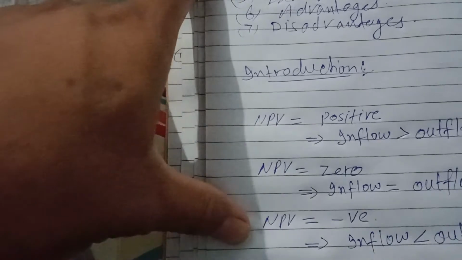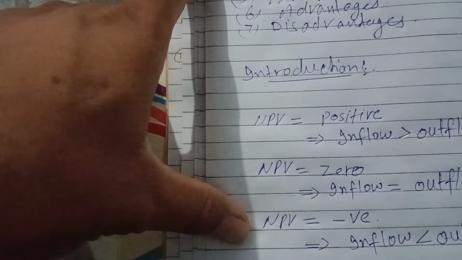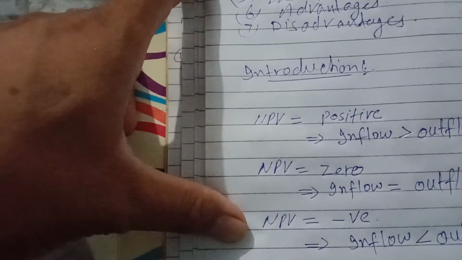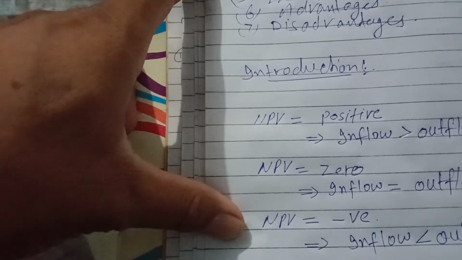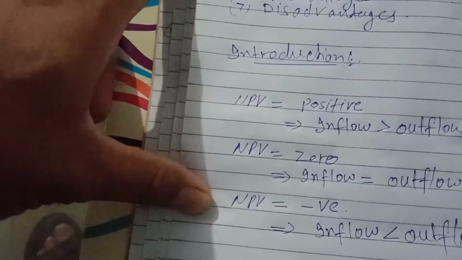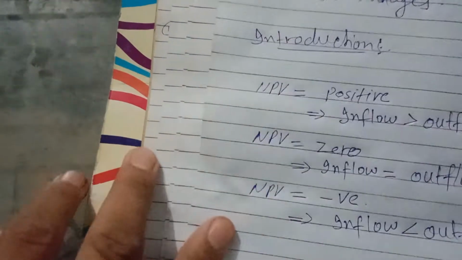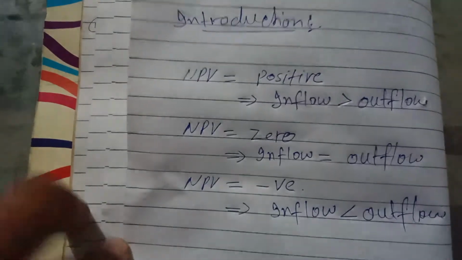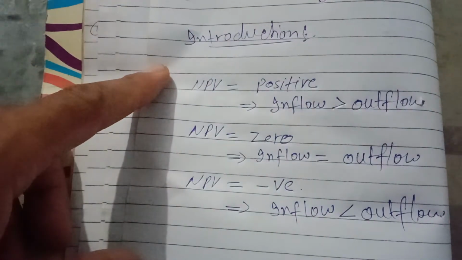In this case, we will reject the proposed project. We will never accept the project if the net present value is negative.